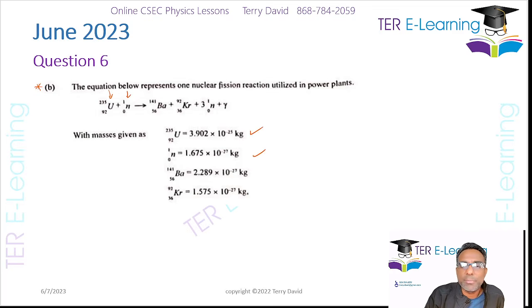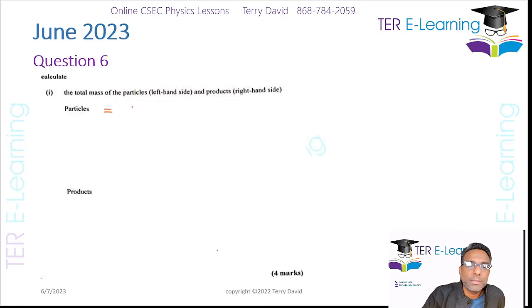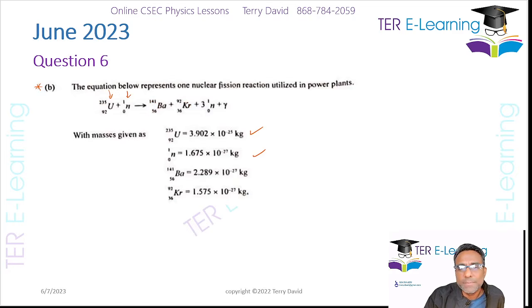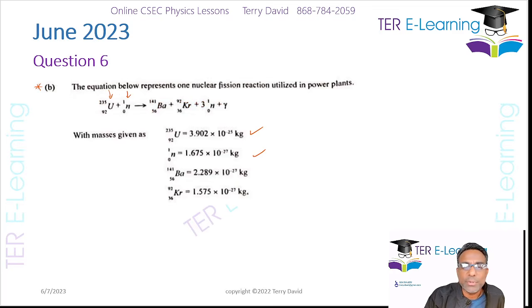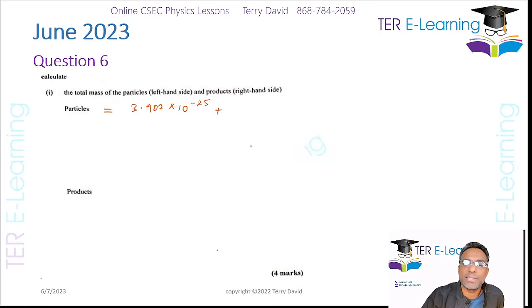So that's 3.902 by 10 to the minus 25 kilograms, plus the mass of the neutron, which is 1.675 by 10 to the minus 27. That's the only thing on the left-hand side.